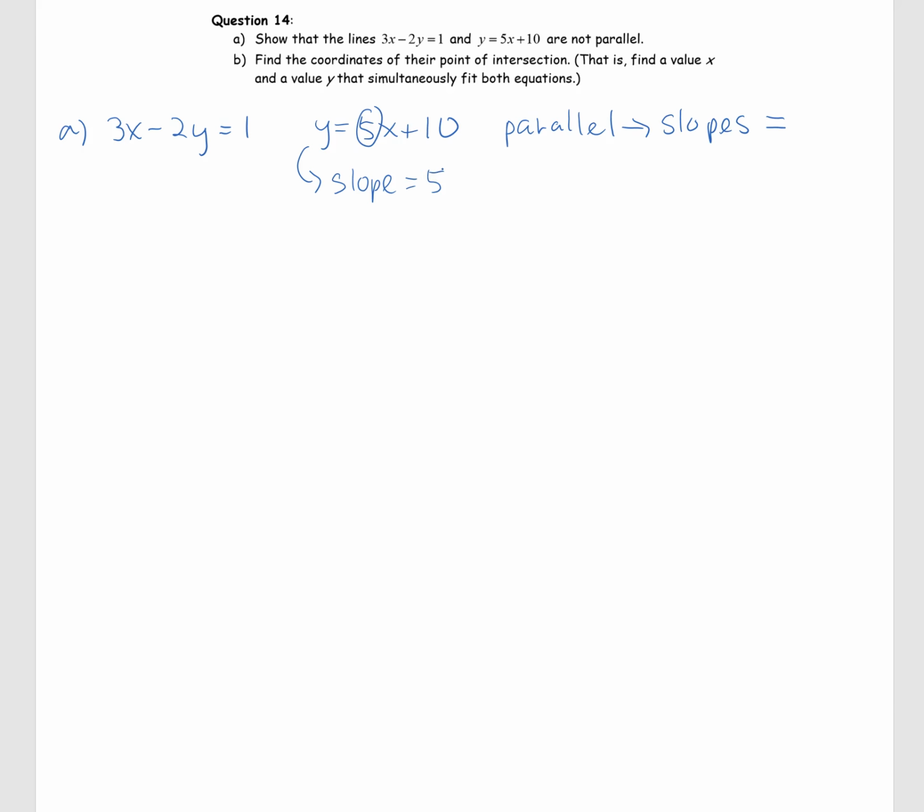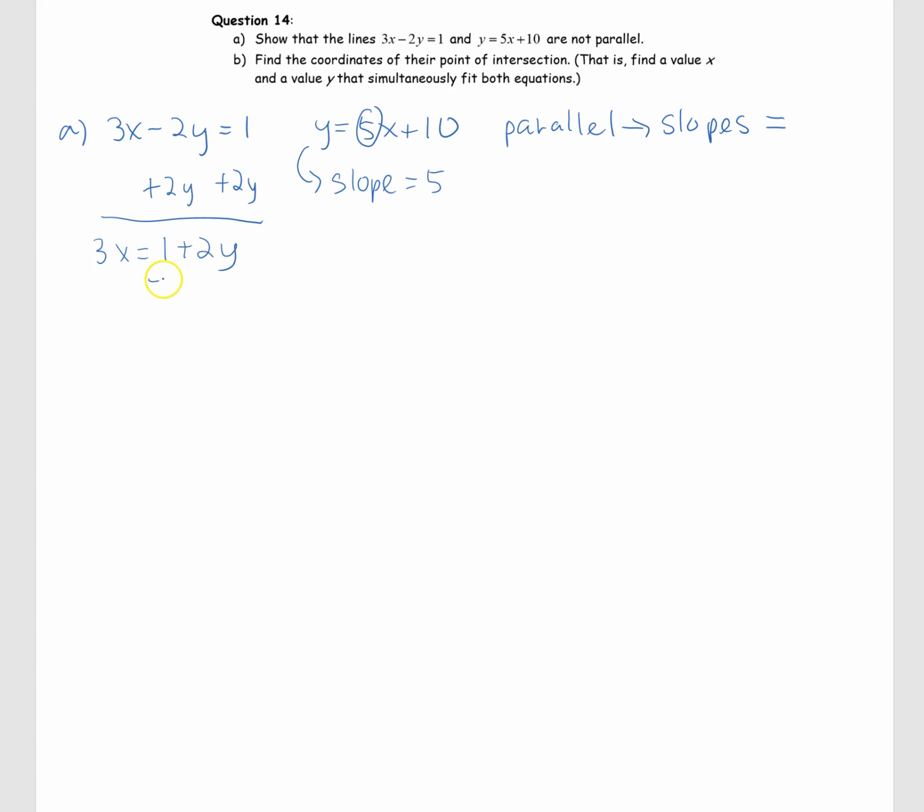For this first equation, we kind of have to rewrite it a bit to make it in the form y equals mx plus b, and then we can see what the slope is. So to do that, I'm going to add 2y to both sides. This gives me 3x equals 1 plus 2y.